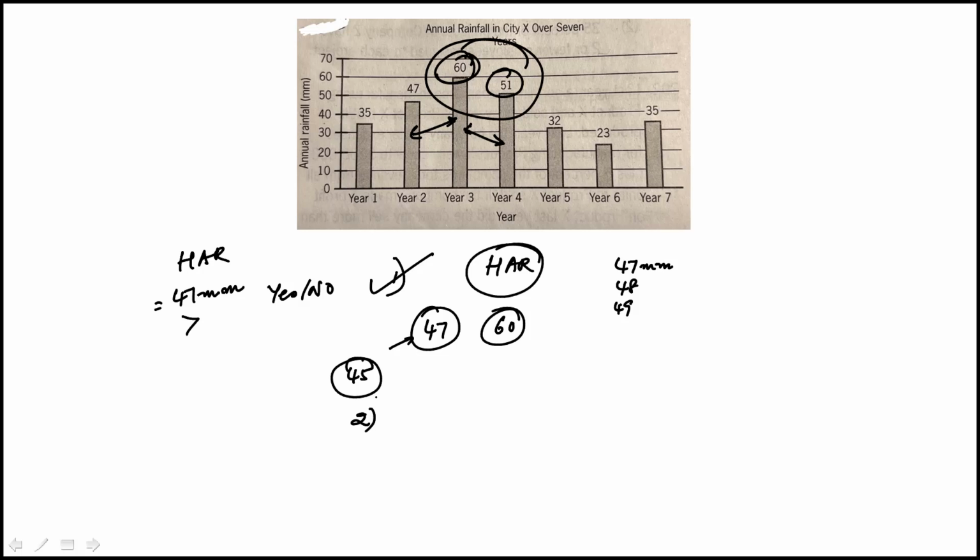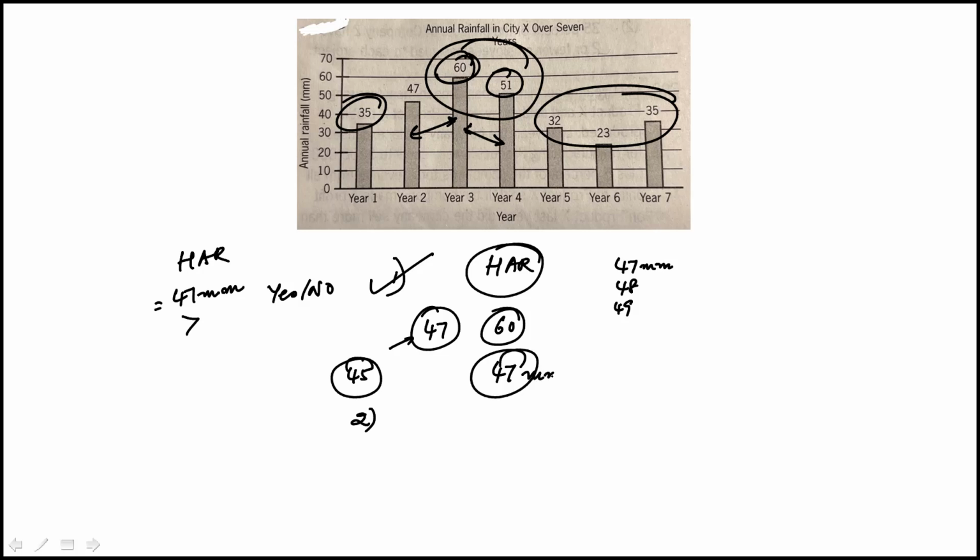If we look at statement 2, it says in the 7-year period, the annual rainfall was less than the HAR in exactly 4 of the years. And so those have to be the least values. So the HAR has to exceed these, and it can be 47.